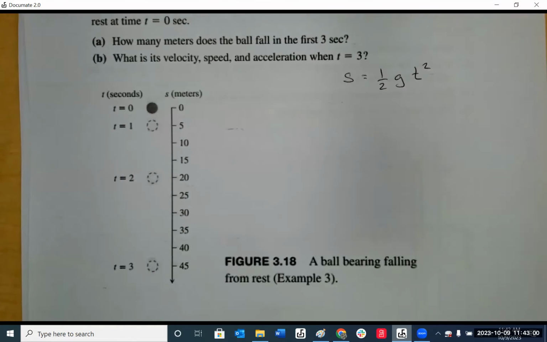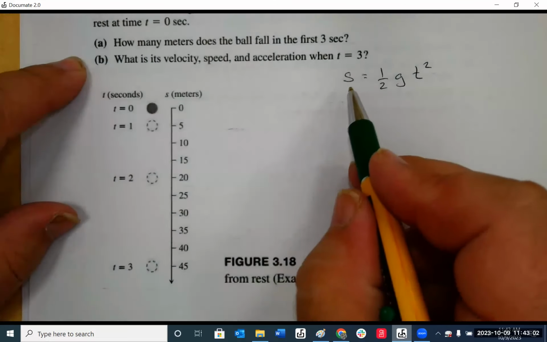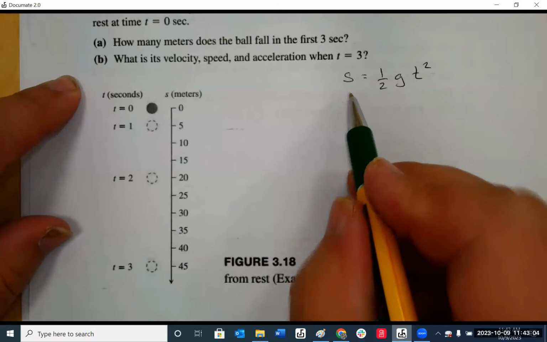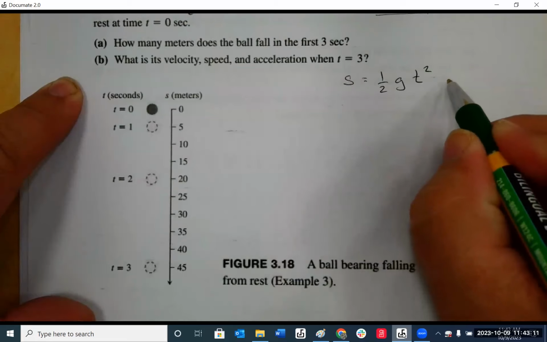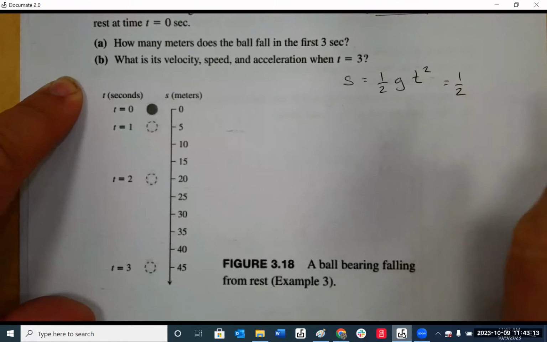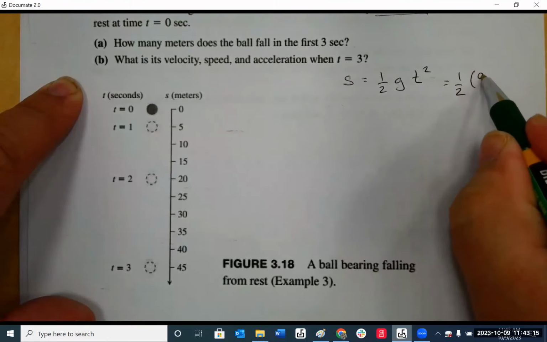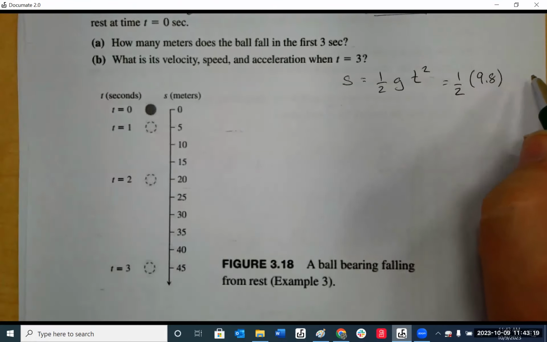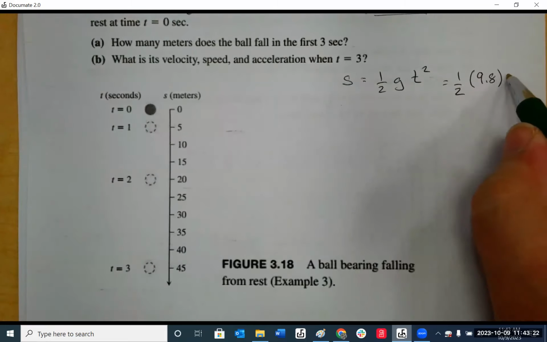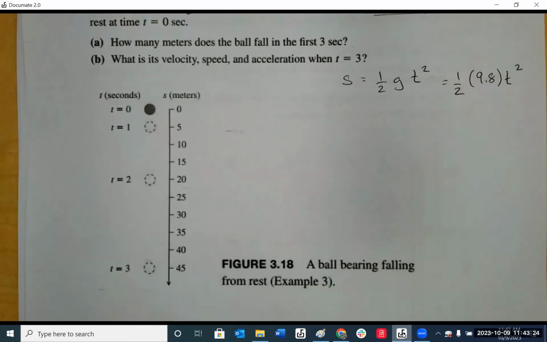Because it's asking us for a position, which is displacement, we have to first find the displacement. So we have 1/2 times 9.8 times t squared.